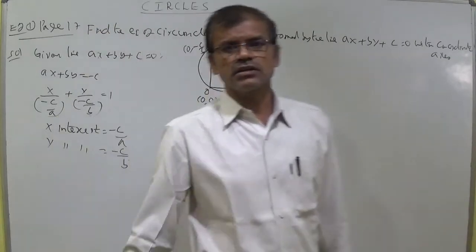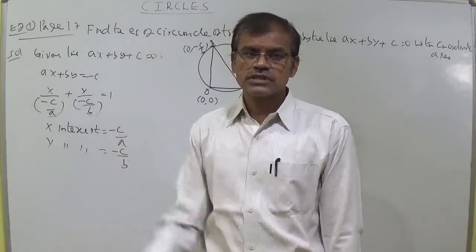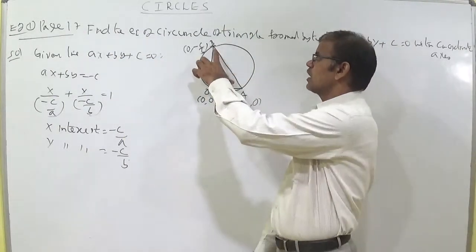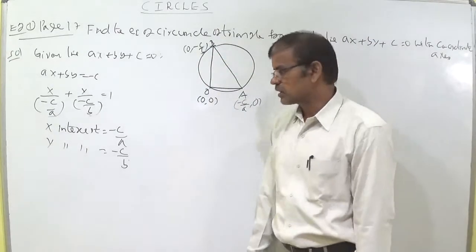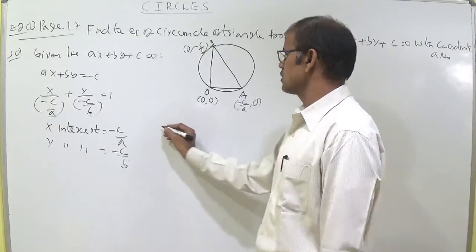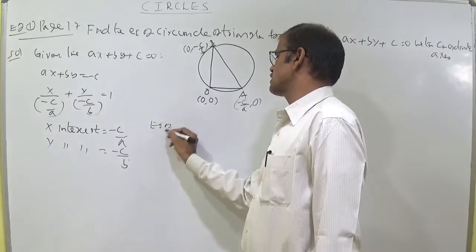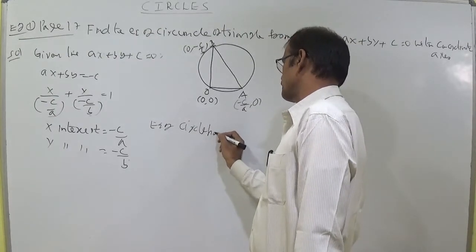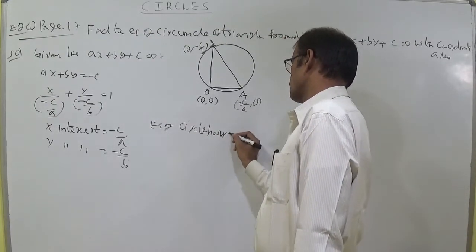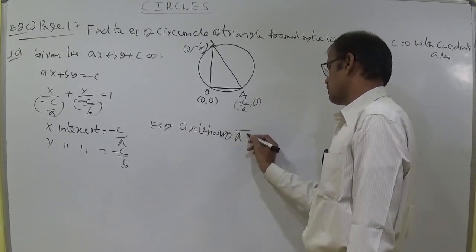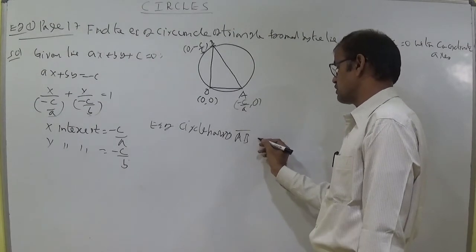Whenever he is asking the equation of circumcircle of a right angle triangle, the hypotenuse is the diameter. So you can say directly this is the equation of the circle having AB as diameter. Whenever I put a bar, this is a diameter.